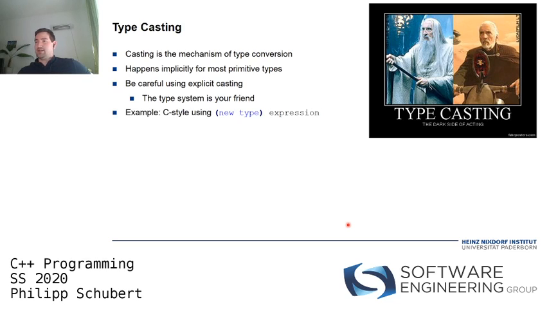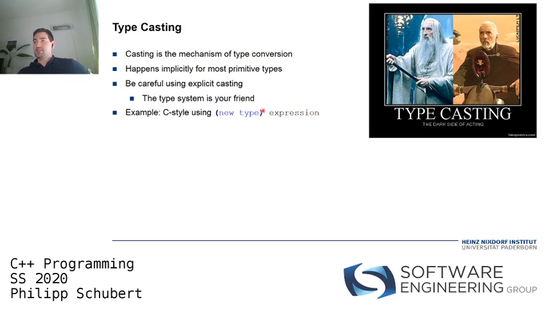So how you would do it in C, and I would recommend to not use the C style casting, because C++ has some more decent mechanisms to do typecasting. In C you would have an expression which of course evaluates to some type. An expression always evaluates to some type.